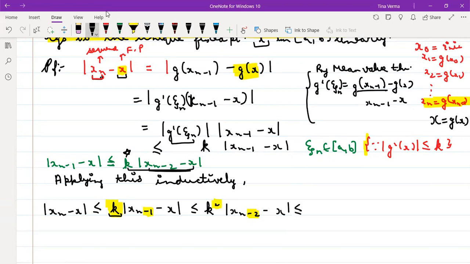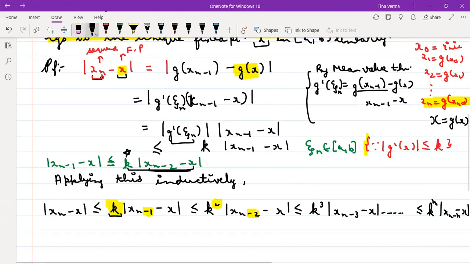The same if you apply, it will be k cube and this will be xn minus 3 minus x. Going to the convergence, at last what will come? xn minus n minus your point x. This is your x naught point, because we are subtracting n from here, so the power here is n. So xn minus n is nothing but x naught.